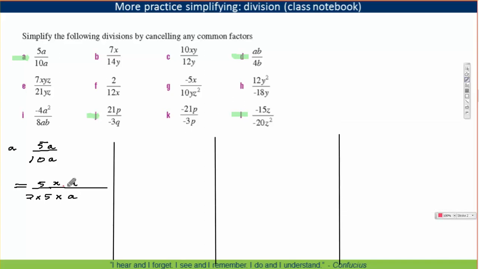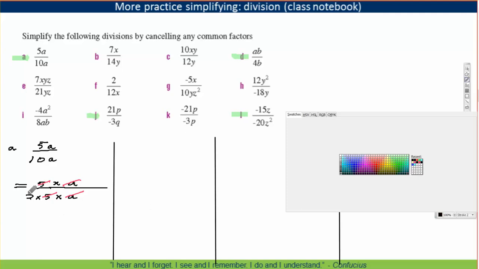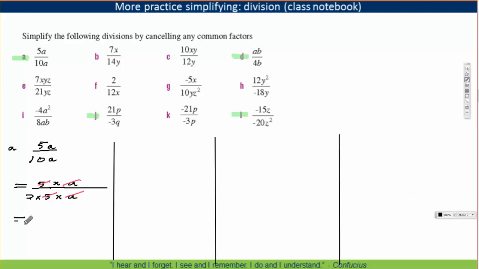So we cancel out a pair of A's, we cancel out 5. And so the final answer is, essentially, 1 times 1 on the top over 2 times 1 times 1. And amazingly, the final answer is a half. Did you get that? Well done if you did.